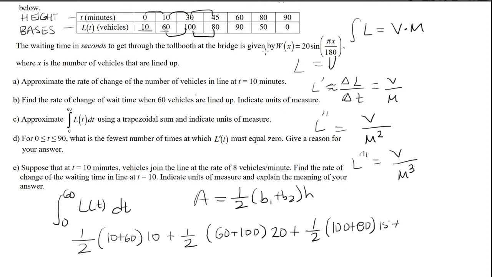Finally, I want to go up to 60. This is the last one. My two bases are 80 and 90, and my height changes from 45 to 60, so that's 15. If I multiply and add these all together, I get 4,575 vehicle minutes.